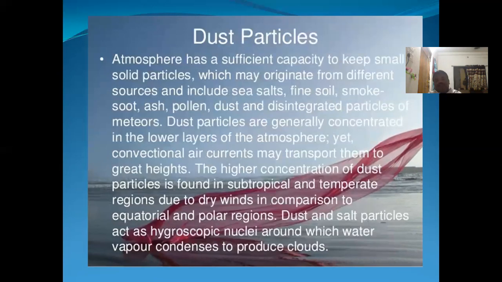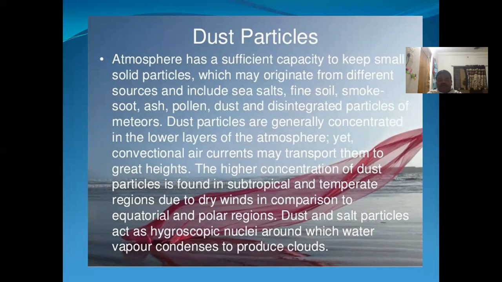The other content is dust particles. The atmosphere has a sufficient capacity to keep small solid particles which may originate from different sources and include sea salt, fine soil, smoke, soot, ash, pollen, dust, and disintegrated particles of meteors.